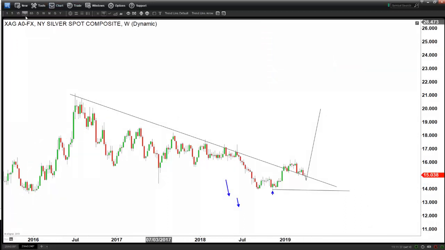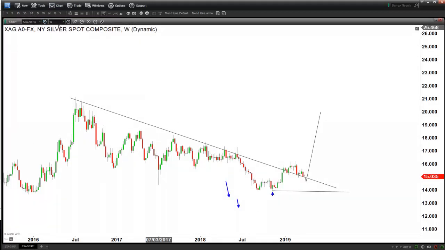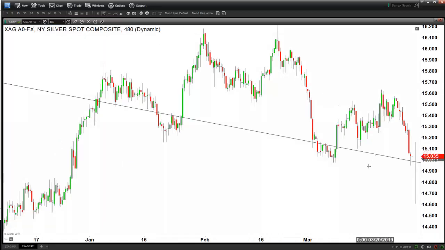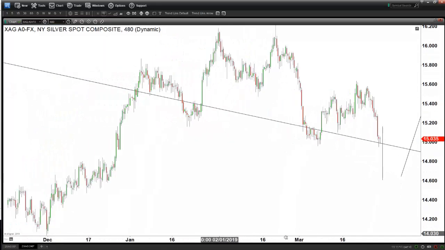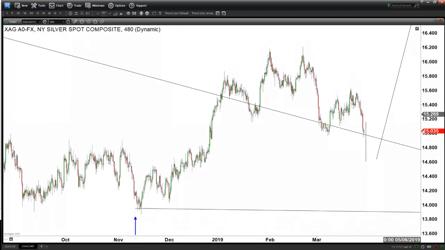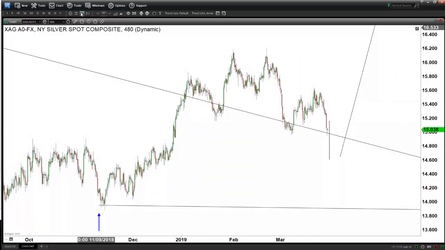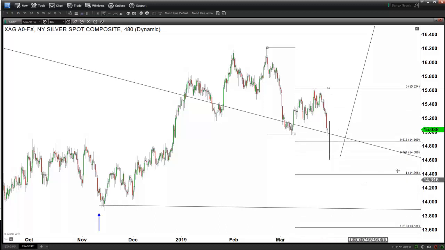And again, going to the 4-hour chart, that means we can see somewhere around this area as a possibility here, somewhere in this 14.9, 14.7, to finish a 5 waves down from here at least.